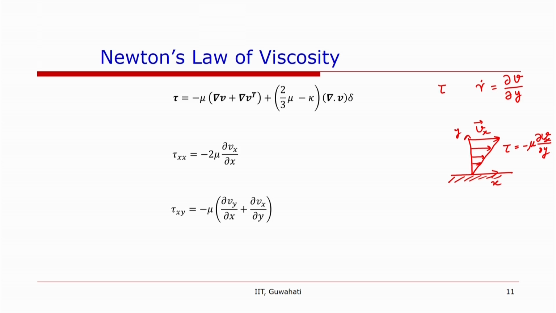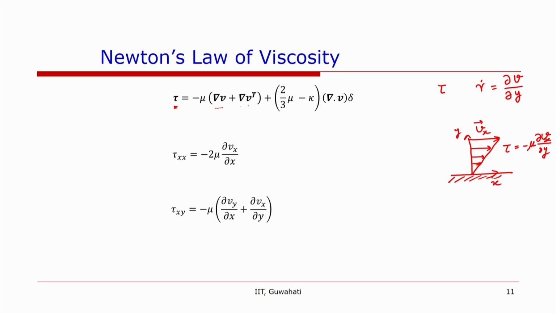Now, if we want to generalize this, the generalized Newton's law of viscosity is given as tau, the stress tensor, equal to minus mu times del V plus the transpose of the velocity gradient, plus 2 by 3 mu minus kappa, times del dot V times delta.